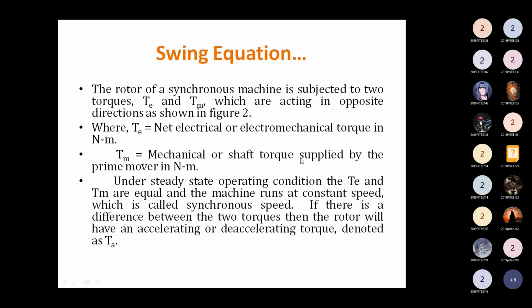TM is mechanical or shaft torque supplied by the prime mover in Newton meter. Under steady state operating condition, the mechanical torque and electrical torque are equal and the machine runs at constant speed, which is called synchronous speed. So when your mechanical element and electrical element get balanced, that is the condition for synchronous.